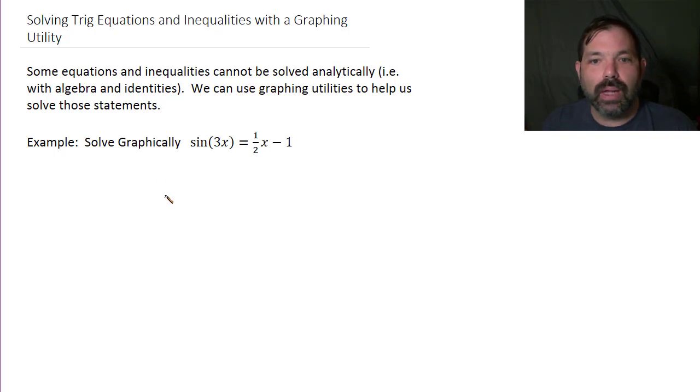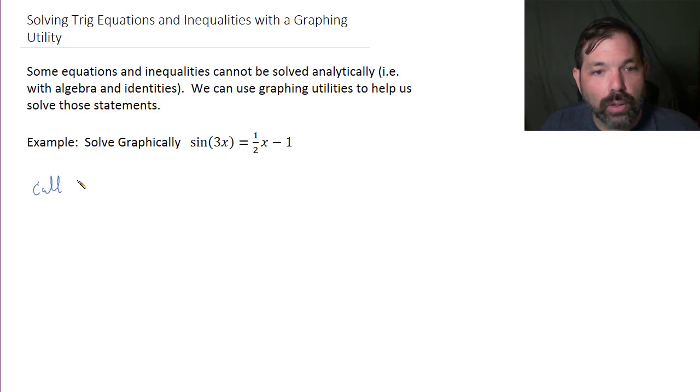Basically, once we combine that trigonometric term with an algebraic term, it's almost always impossible to solve analytically, that is. So what I'm going to do is solve this graphically. I'm going to use the calculator and graph two equations.